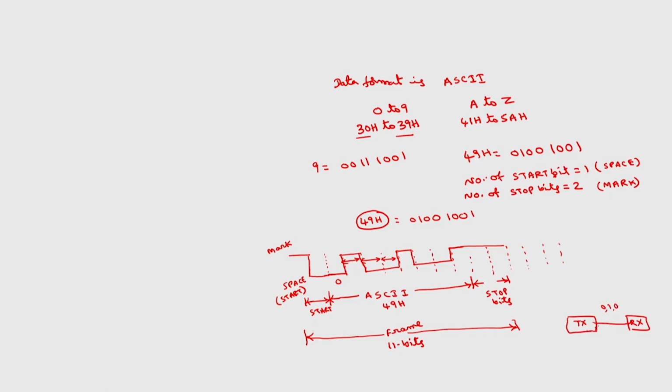The rate at which you are transmitting, the same rate you have to operate the receiver also, otherwise there will be some errors. The rate at which we transmit the bits is called baud rate. This is one of the important parameters. Baud rate is defined as the number of bits transmitted per second.